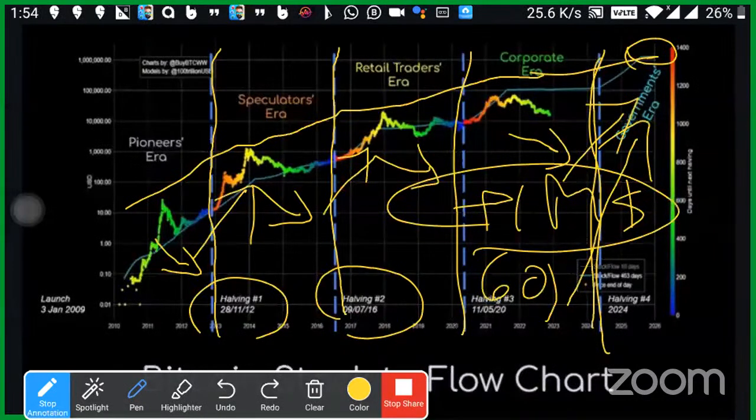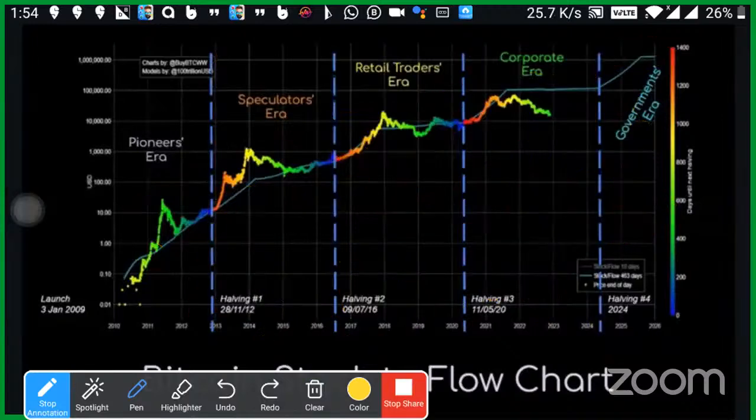So if you are an investor, if you are a trader, if you are a person having any cryptocurrency inside your wallet, you must be sure that even if you are seeing a floating loss of 40%, 50%, or maybe 70%, still we are heading towards profit. We are heading towards a big profit, a big opportunity that is not very far away. We are just entering into the bull market. The next era will be called a government era.